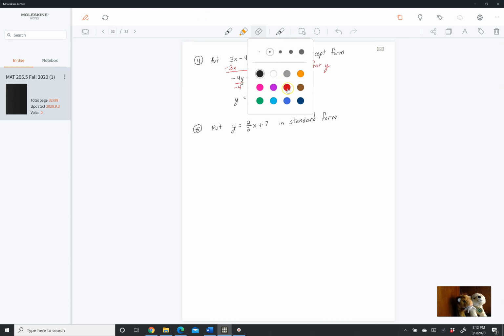Now, the easiest way to do this so that you are not dealing with fractions, because this is the first one that we've had where we're dealing with fractions, is get rid of your fractions. Now, you know how to do that. You find the lowest common multiple, and here there's only one fraction, so it's easy. Your denominator is 3. Your lowest common multiple of the denominators is 3. So get rid of denominators.